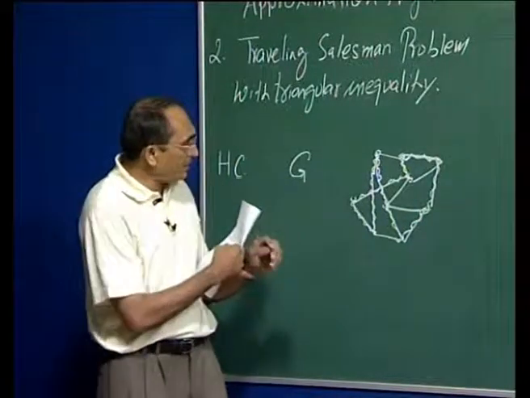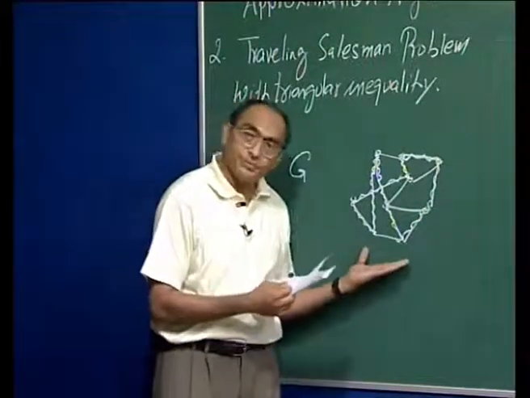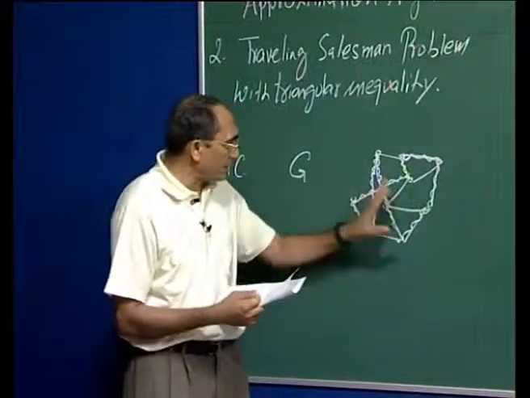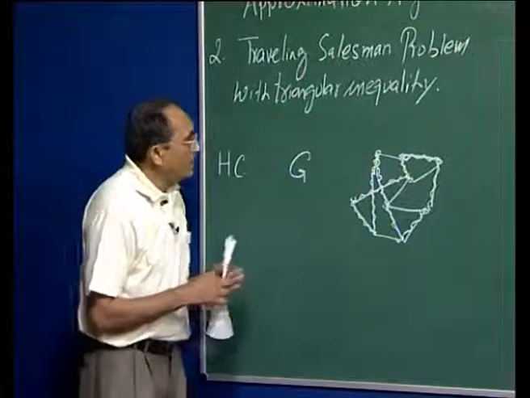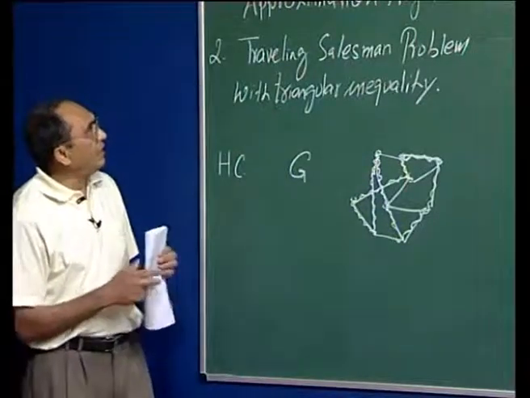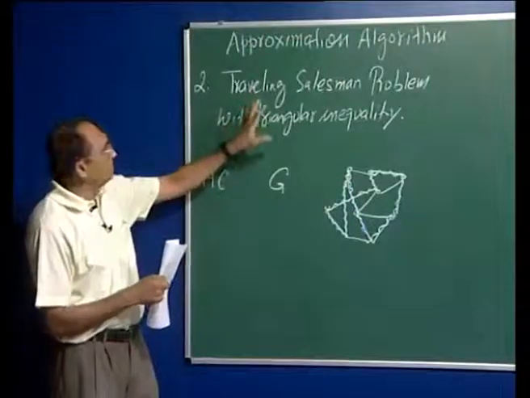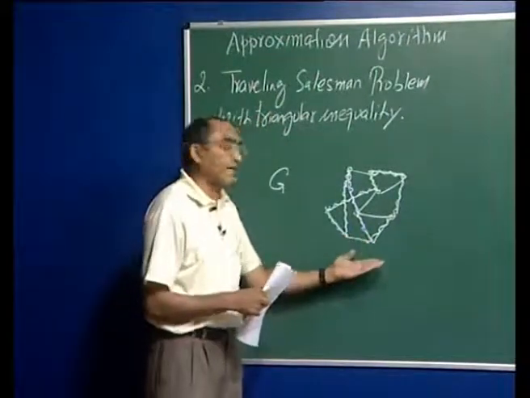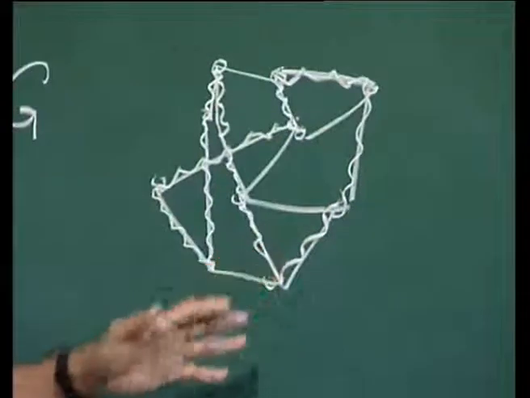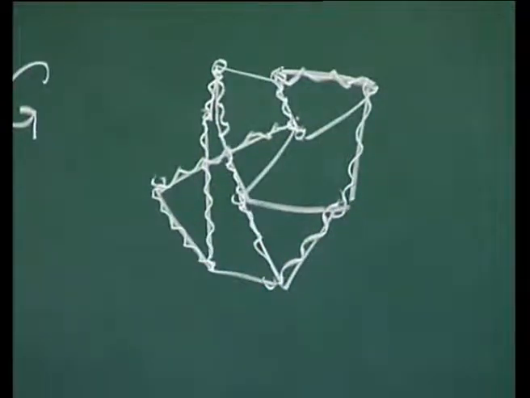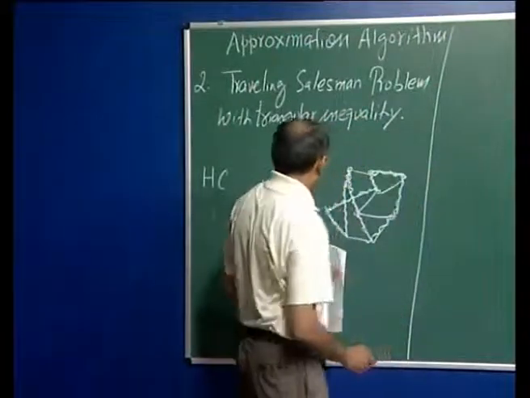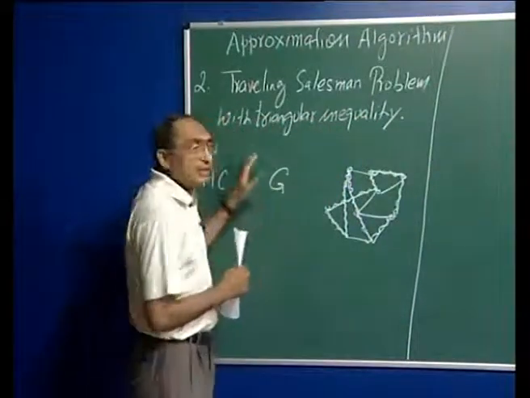And this is also a well known hard problem. No polynomial time algorithm is known. A variant of this problem, which is an optimization, this is not an optimization problem. Either you have a cycle which passes through all the vertices or you do not.